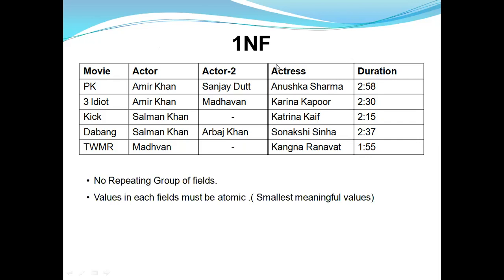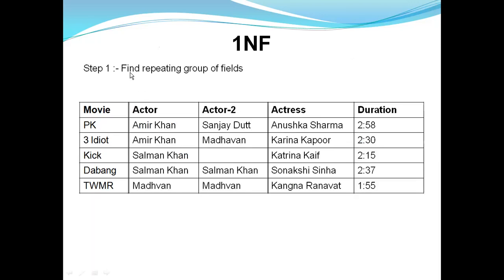In the 1NF, what rules will we check? No repeating group of fields. Second, value in each field must be atomic. So let's go for the first thing. Find a repeating group of fields.